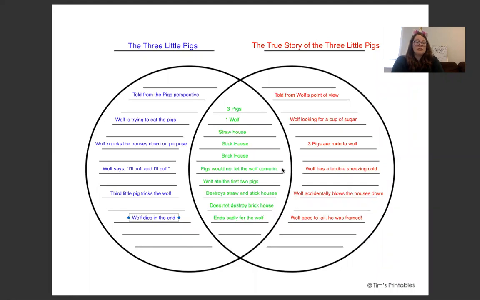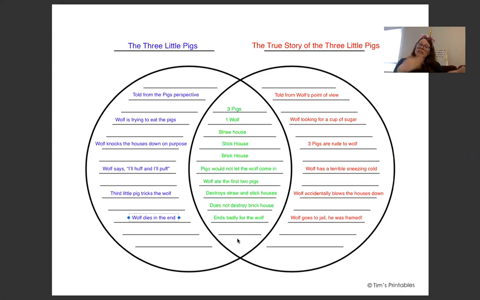The pigs would not let the wolf come in. The wolf ate the first two pigs. The wolf destroys the straw and the stick houses. The wolf does not destroy the brick house. And both stories end badly for the wolf. So those in green, remember, was what was the same about both stories.